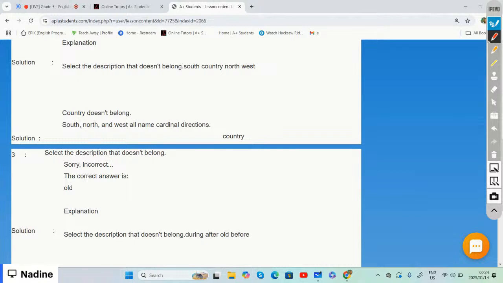We have during, after, old, and before. What is the word that does not belong? During, after, old, before.